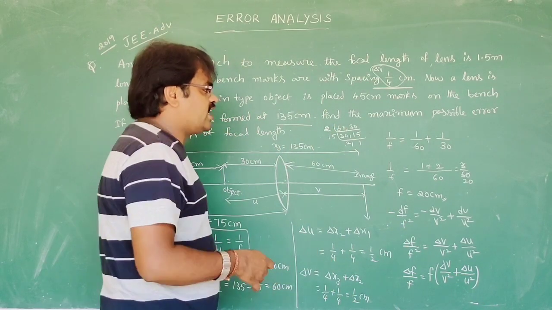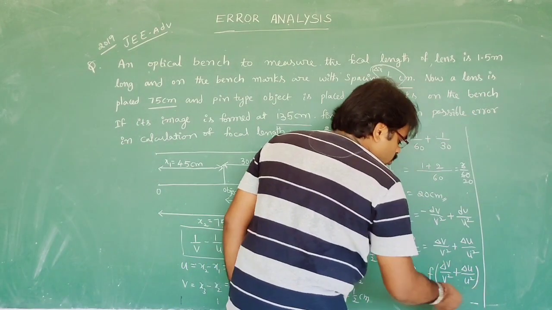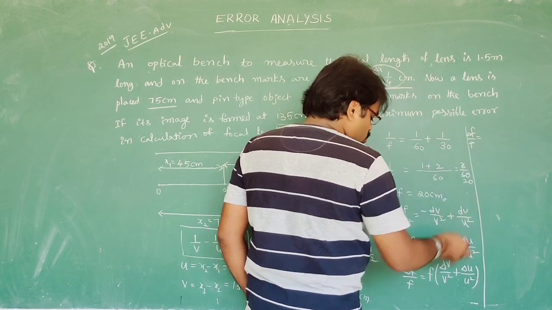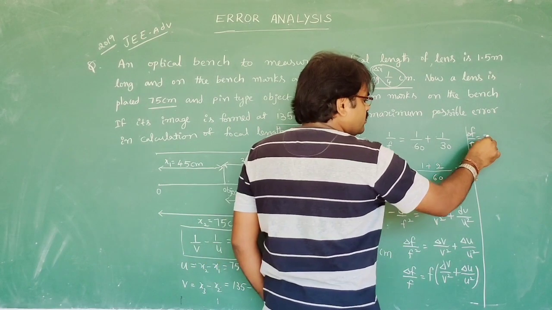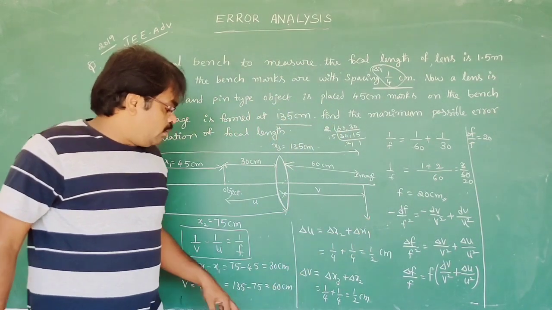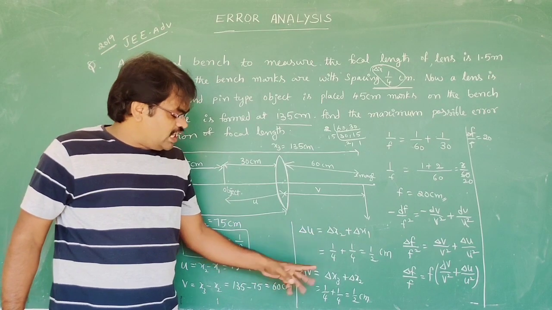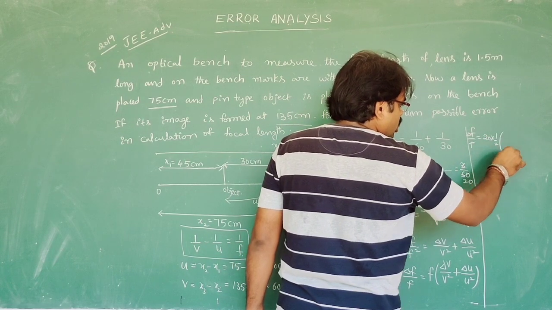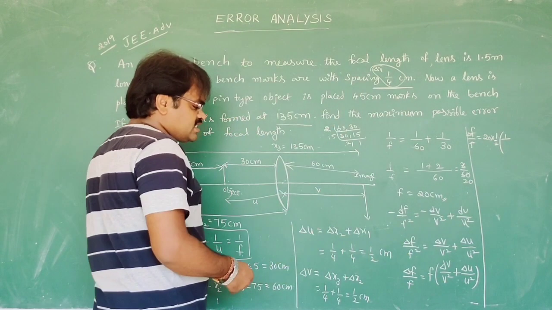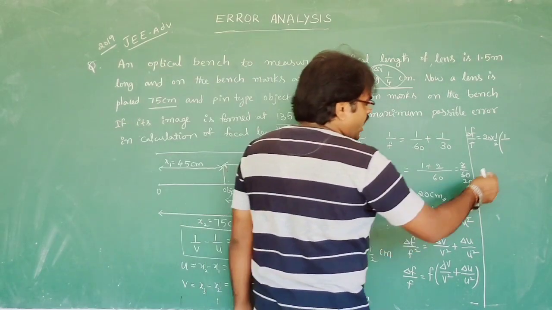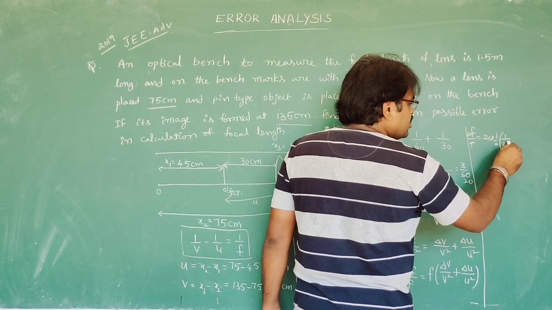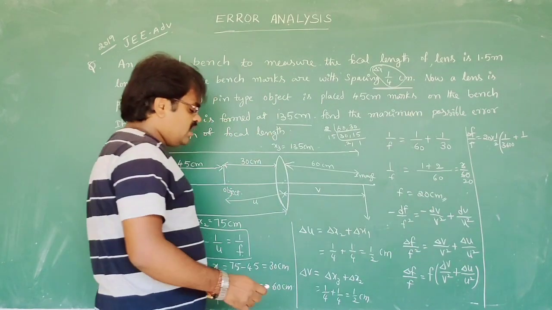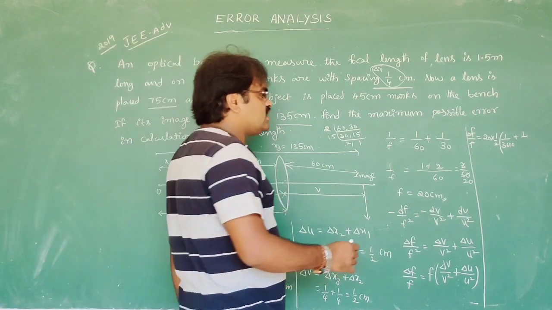Now we are calculating that, substituting. Delta f by f is equal to, what is the f value? We got 20. Here delta u and delta v, these two values are also 1 by 2, we take common 1 by 2 into 1 by 60 square, v is 60, 60 square means 3600, plus 1 by 30 square, u is 30, that is 900.